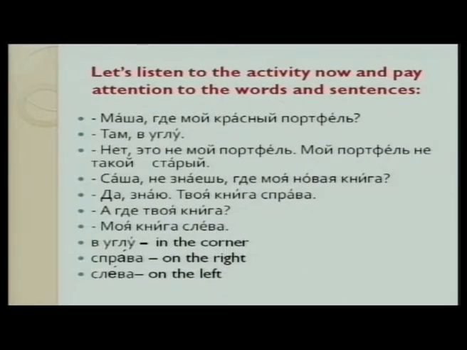In this text, which has a dialogue form, there are two characters, Masha and Sasha. As we already know, Masha is a short form of a feminine Russian name, and can be used for Maria, and Sasha is a short form for Alexander. Masha, где мой красный портфель?